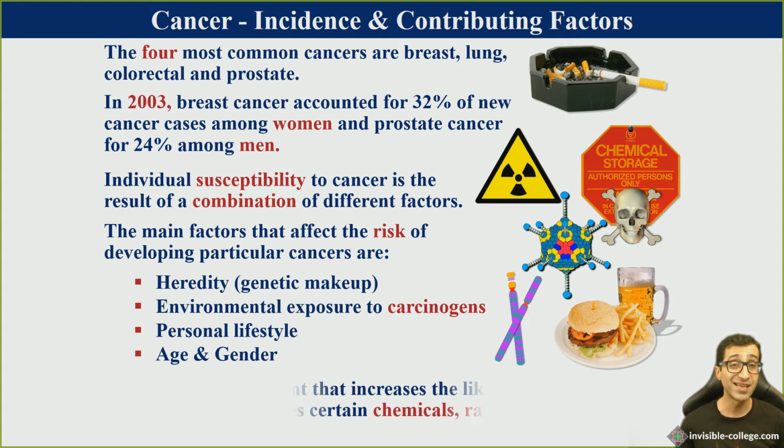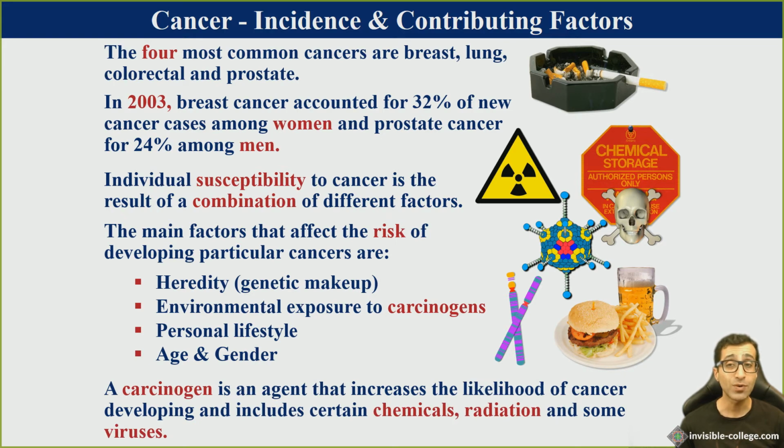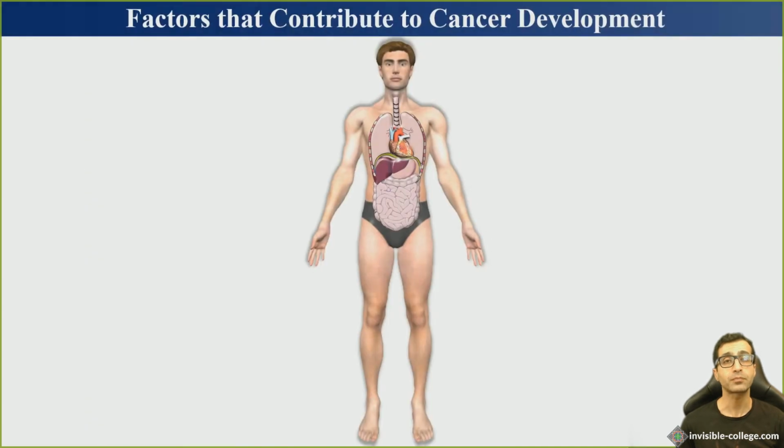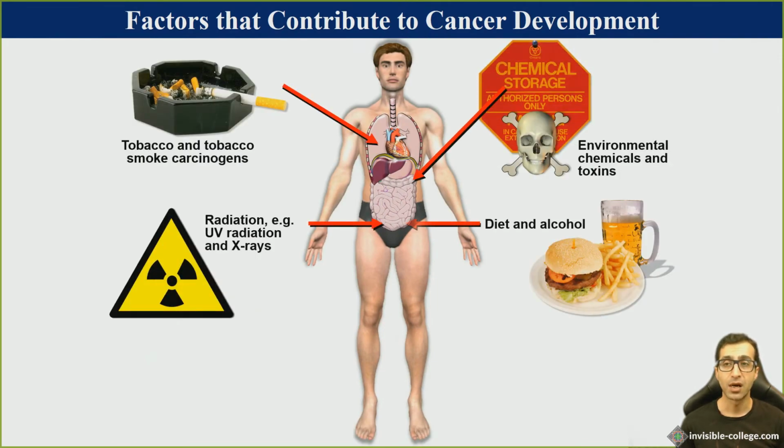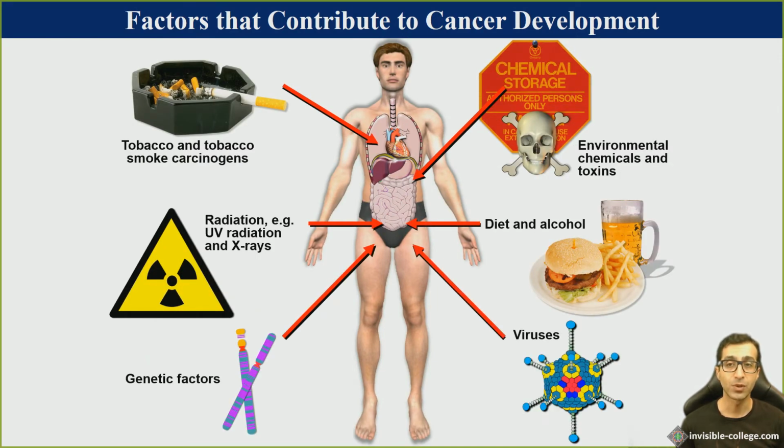Now again, a carcinogen is an agent which increases the likelihood of cancer. So carcinogens tend to be mutagens like radiation, chemicals, and viruses. So some of the factors that contribute to cancer are listed here, and none of these will come as a particular shock to any of you who've studied this topic previously.